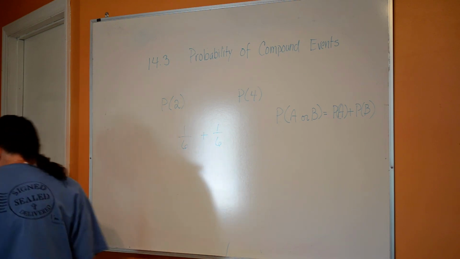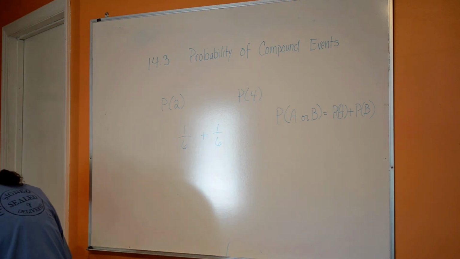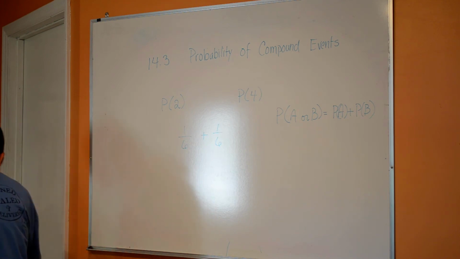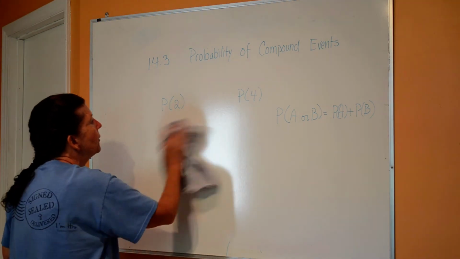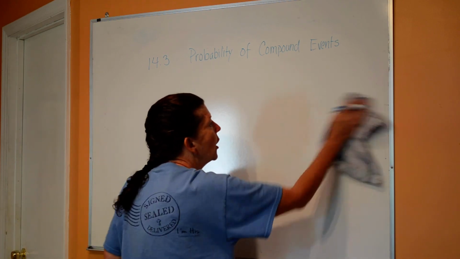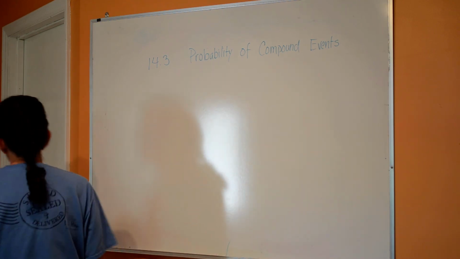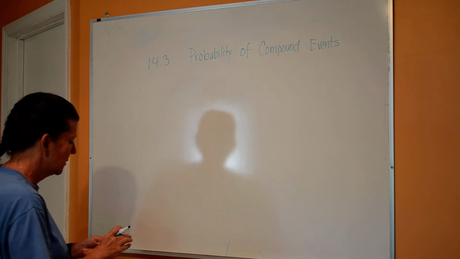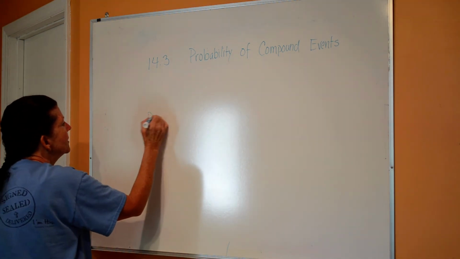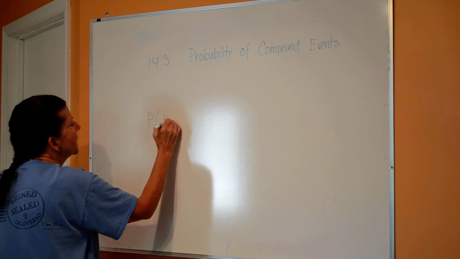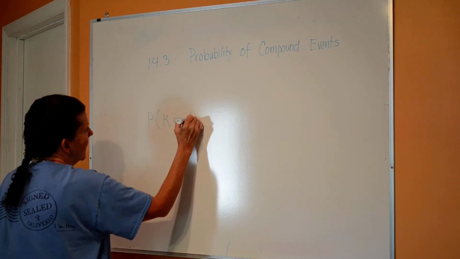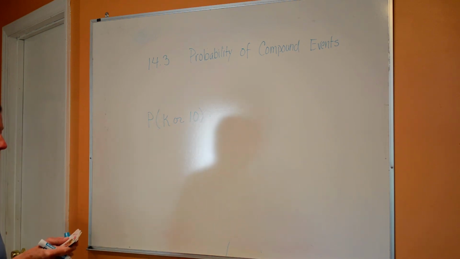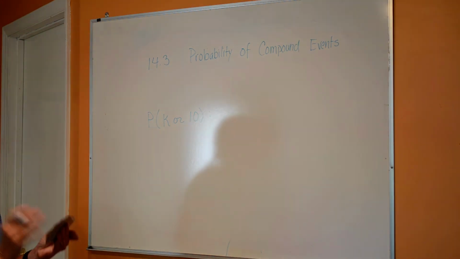So, let's talk about our cards. Let me grab the cards back out. Before, remember, we did a heart, or we were doing a king and a 10 or whatever we chose. Now let's state it a little different. What's the probability of a king or a 10? I don't care which one I get. So I'm going to draw a card out.